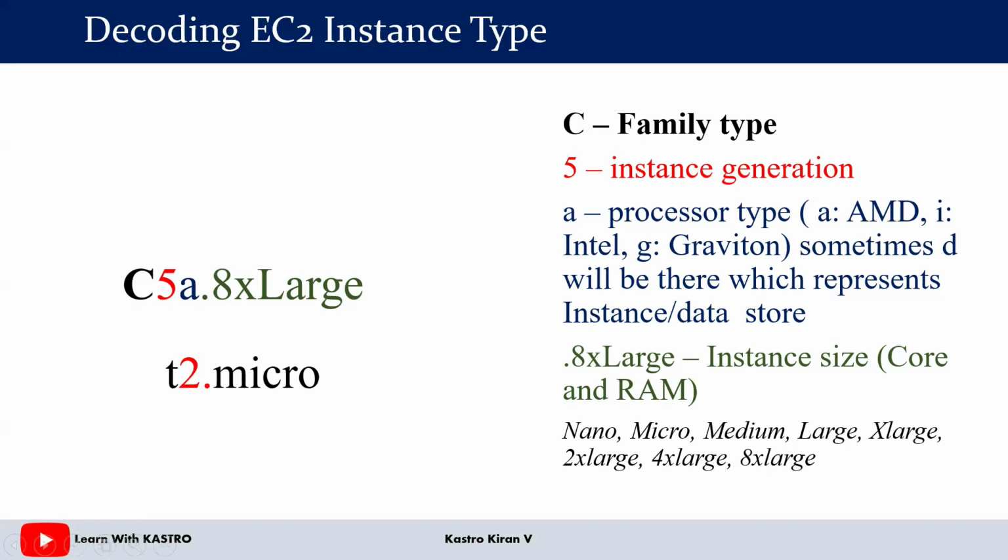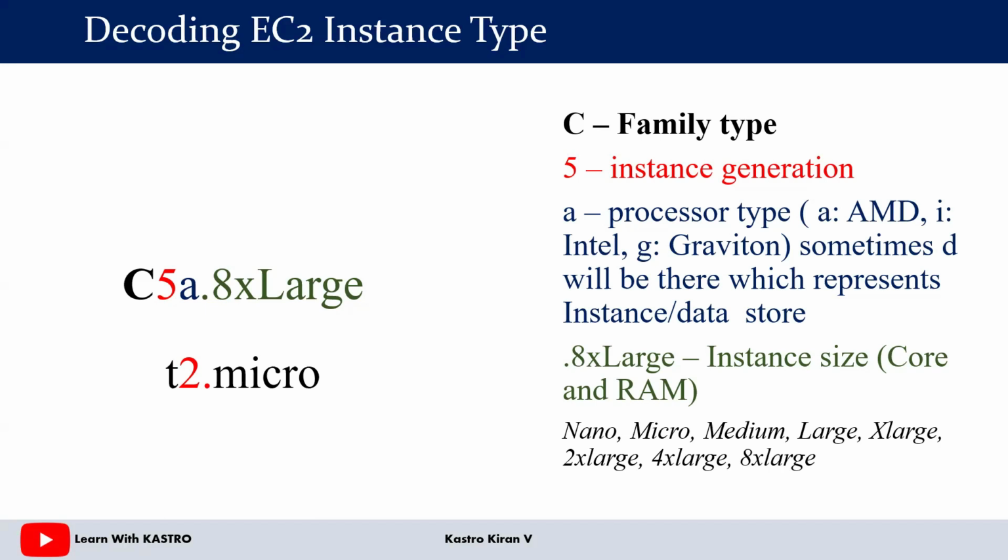And what does this micro represent? Micro is the size of the instance. Sometimes you might have 8 times large or just micro or nano or medium, large, X large, 2 times large, 4 times large, 8 times large. Like this, you'll have the instance size. So this is how you can decode an instance type. The first character that you see is the family type.